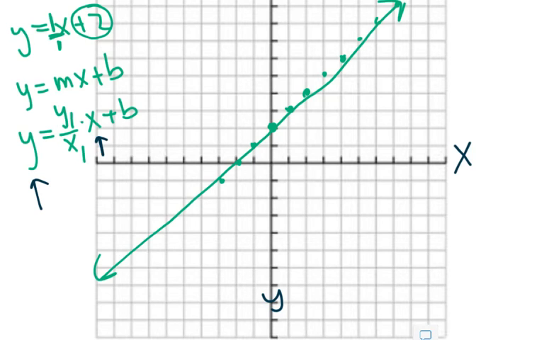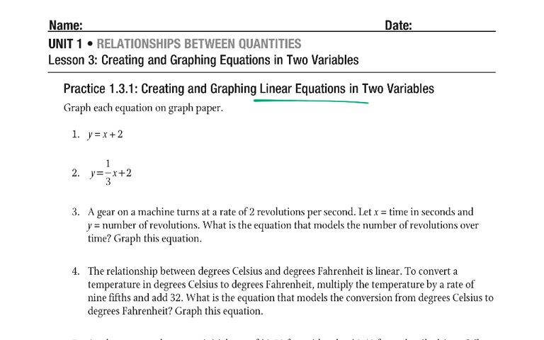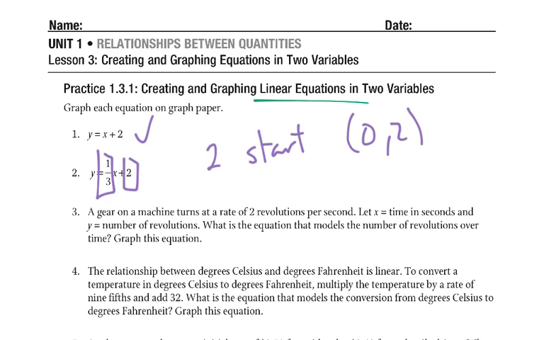So it's the same idea on pretty much all of these. For the next one, we go 1/3 x plus 2. So the 2 is where we start. That's our y-intercept, where x equals 0. And then the 1 is the vertical, so we go up 1, and the 3 is horizontal, so to the right 3.